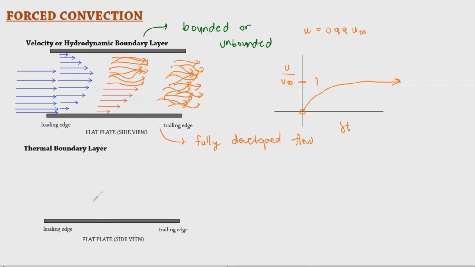So how does it work? Suppose Ts is the temperature of this flat plate, and of course Ts is not equal to the free stream temperature. We call this the free stream temperature, the temperature of the fluid, just like the average temperature.